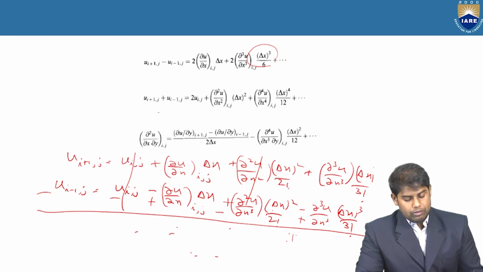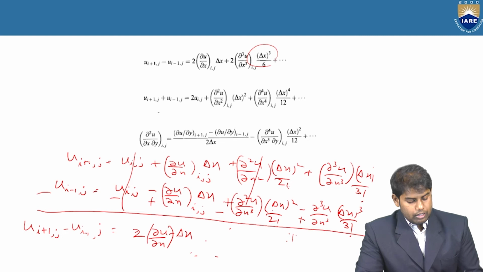The final result is u of I plus 1 comma j minus u of I minus 1 comma j is equal to 2 times dou u by dou x into delta x, plus 2 times dou cube u by dou x cube into delta x cube divided by 3 factorial, plus so on terms.